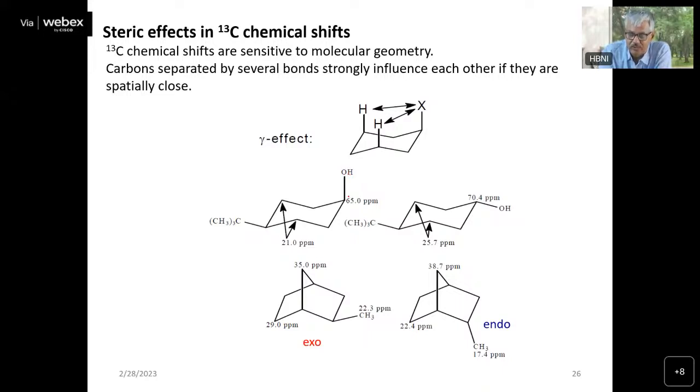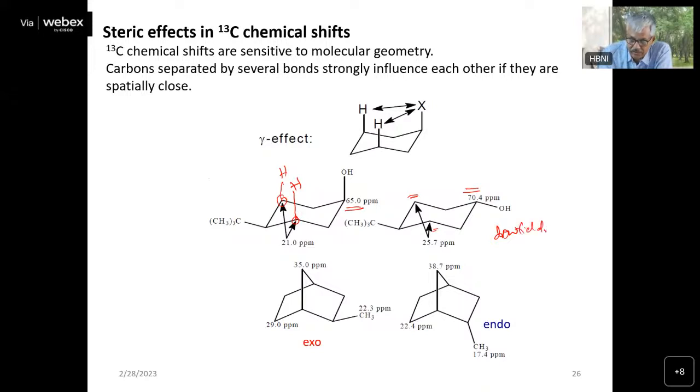In that case, you will see the carbon chemical shift is upfield shifted, both this carbon and these carbons also, because the hydrogens here are actually interacting. But if you consider the equatorial one, you see this has now moved downfield. Similarly, these two carbons also move downfield. So there is a downfield shift when there is less steric effect.